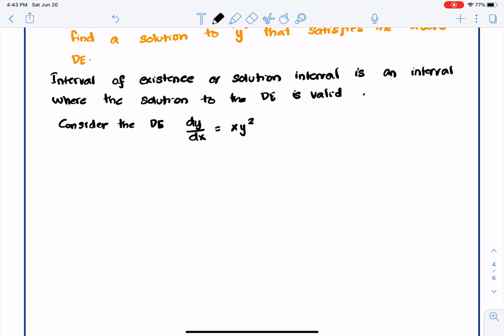So we would like to know if y equals minus 2 over x squared is a solution to the equation.